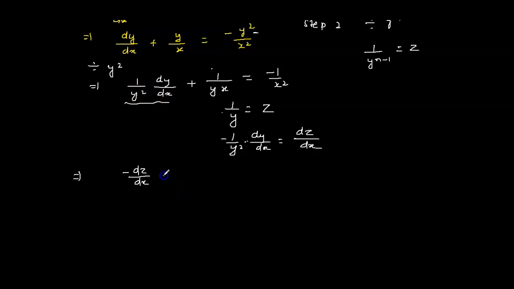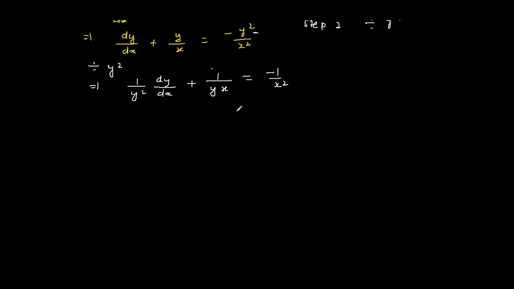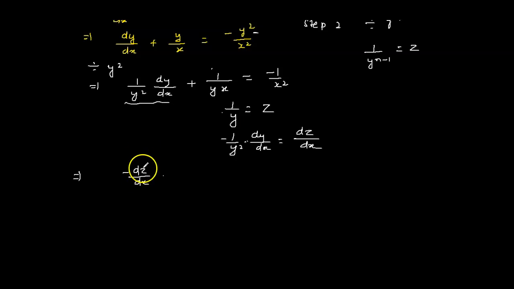So here we get minus dz by dx, and here I can put 1 by y as z, plus 1 by x will be there and z as it is, is equal to minus 1 by x square.